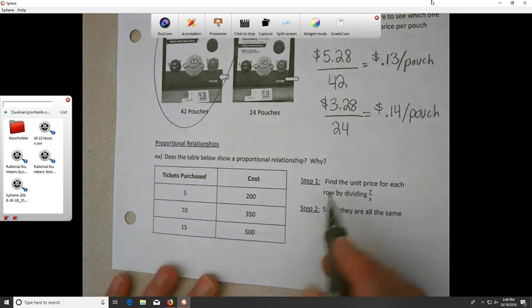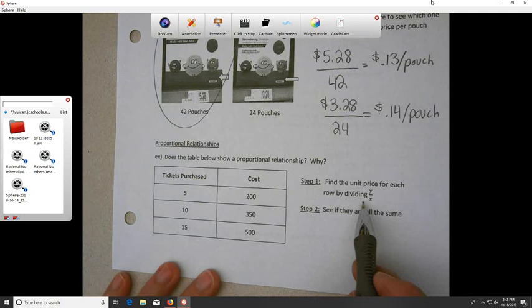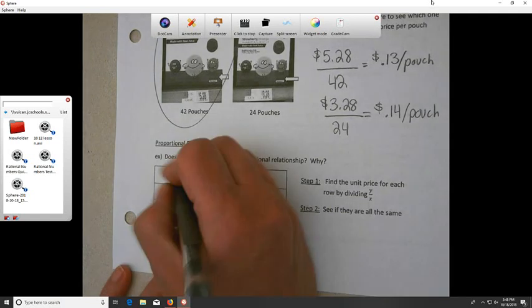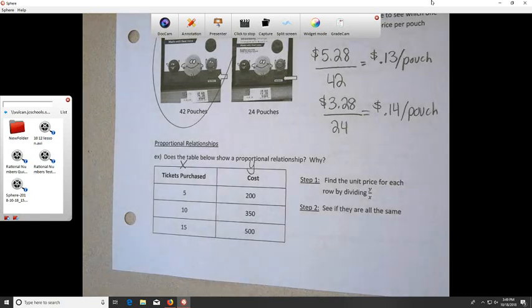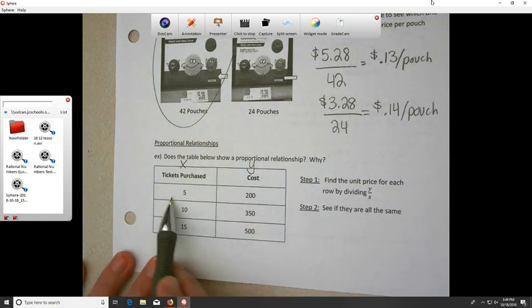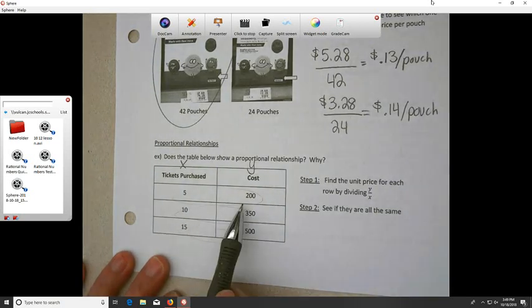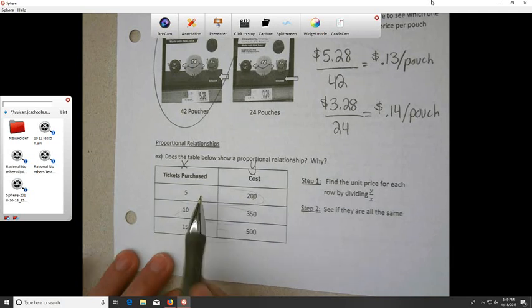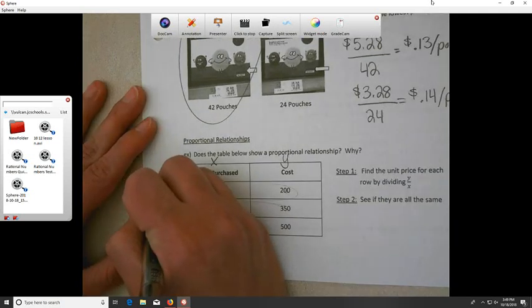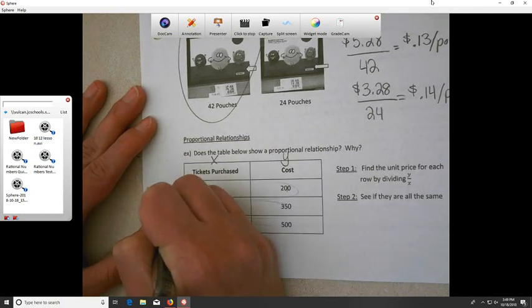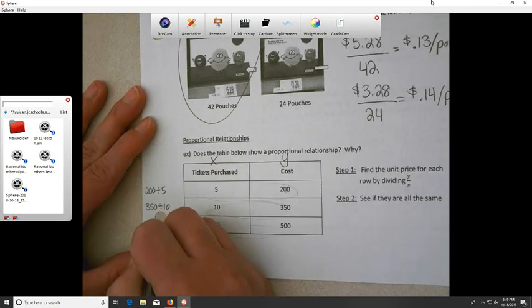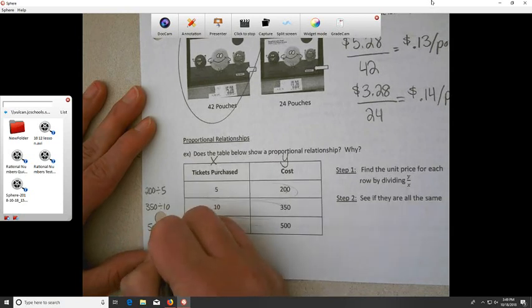Alright, so step 1 says find the unit price for each row by dividing Y divided by X. The first column in your table is always your X. The second column is always your Y. So for each one of these, I'm going to divide Y divided by X. So I'm going to do 200 divided by 5, 350 divided by 10, and 500 divided by 15.